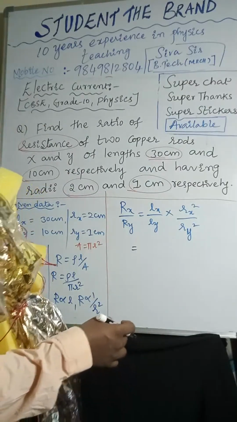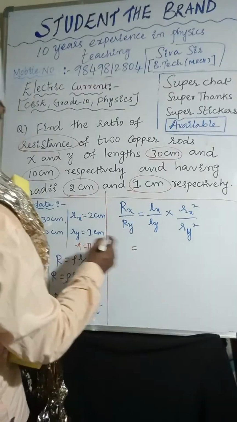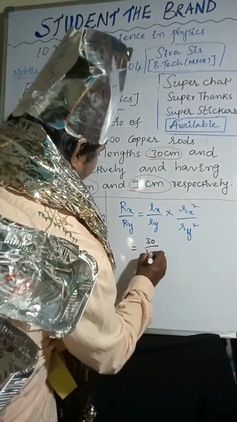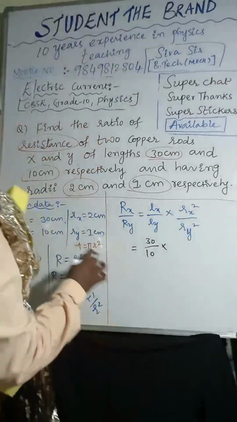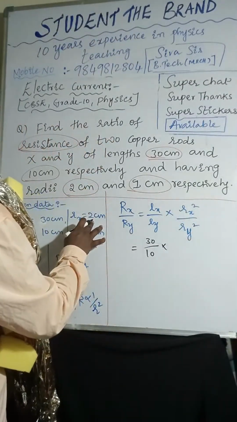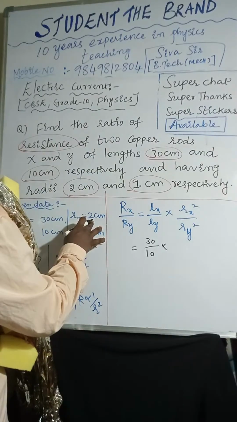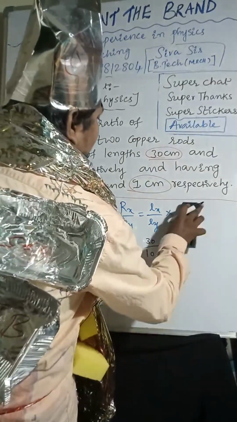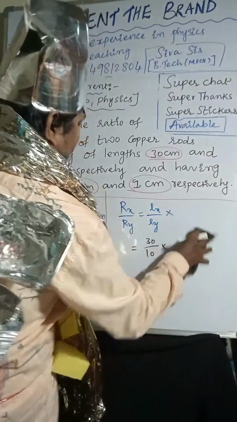Now you can check one, substitute Lx equal to 30 by Ly 10 into Rx square is nothing but 2 square only, right? 4. No, actually reverse, right? Inversely proportional here.